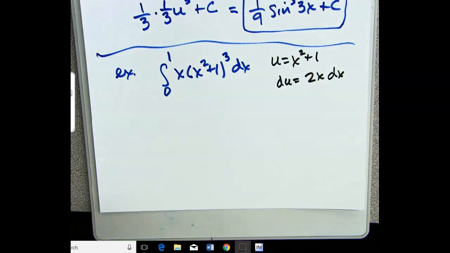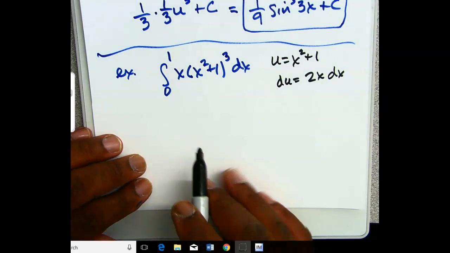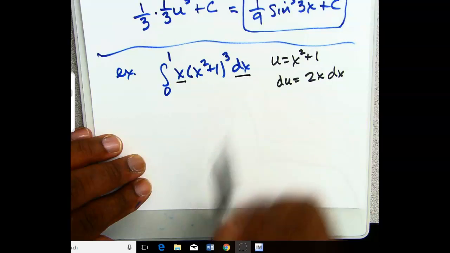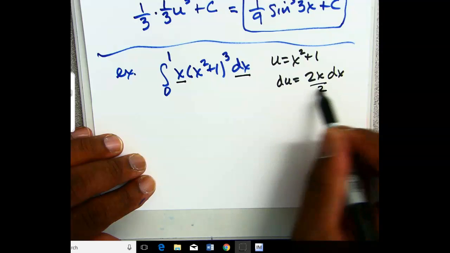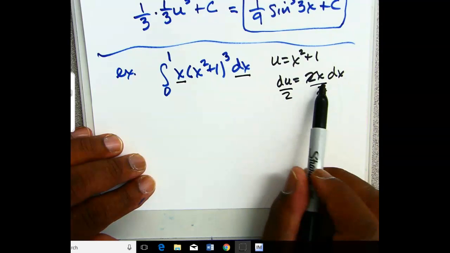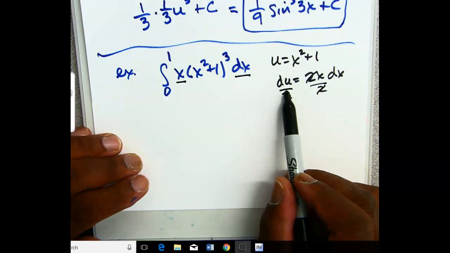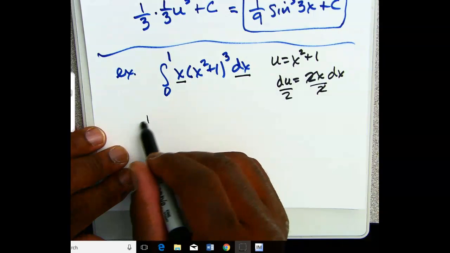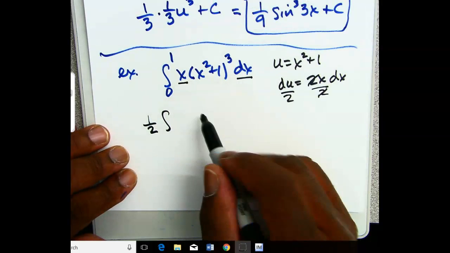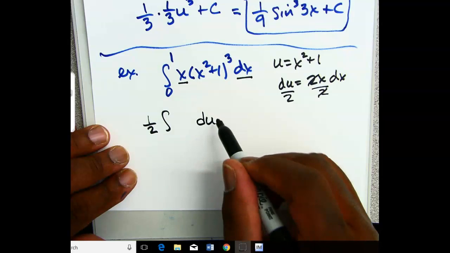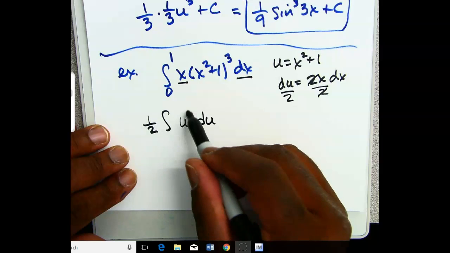Divide both sides by 2. And why are you dividing both sides by 2? Because you want to replace x in the integral with du. We have an x dx, so if we divide both sides by 2, I can replace this x dx with du over 2, or 1/2 du. So this becomes 1/2 times the integral. The x dx will be replaced with du, and u is equal to x squared plus 1, so that's u cubed.